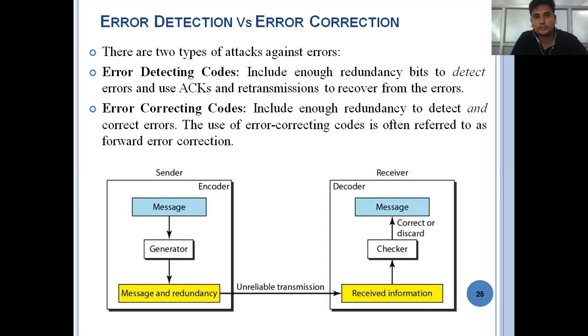If acknowledgements are not coming back from the receiver, the sender feels that an error has occurred in between, and it resends that particular data frame. That is what we discussed in the previous concept. Those are the error correction codes. Identifying the error is the detecting code. After identifying the error, it has to correct it, and resending the frame is called an error correction code.